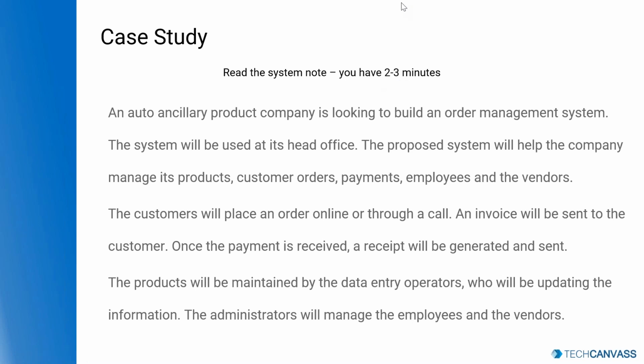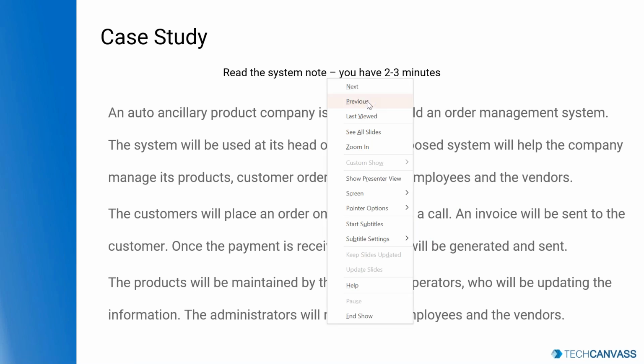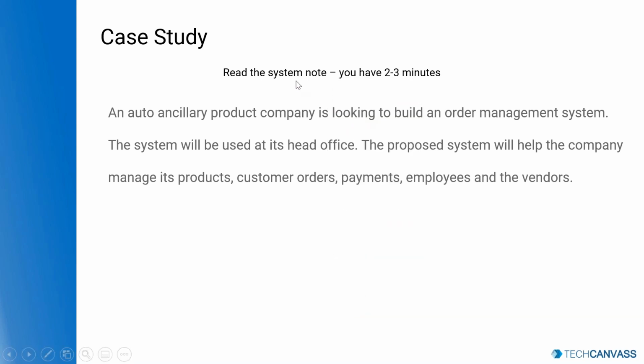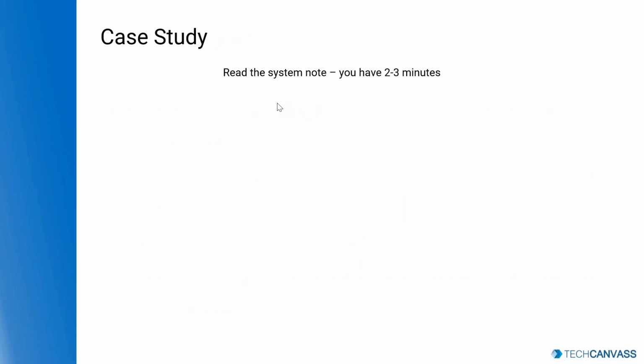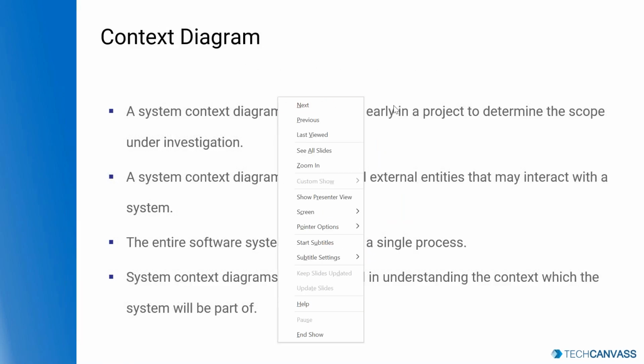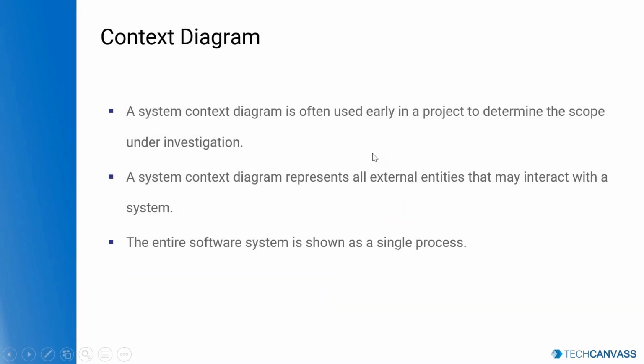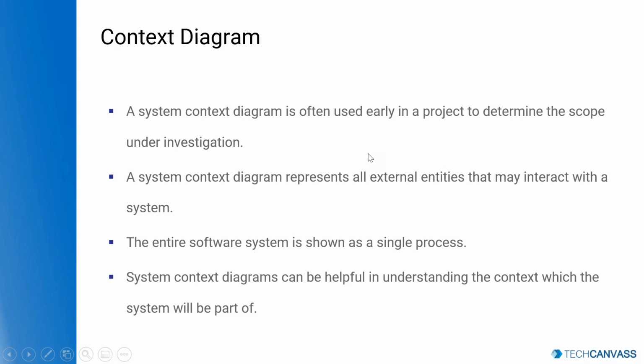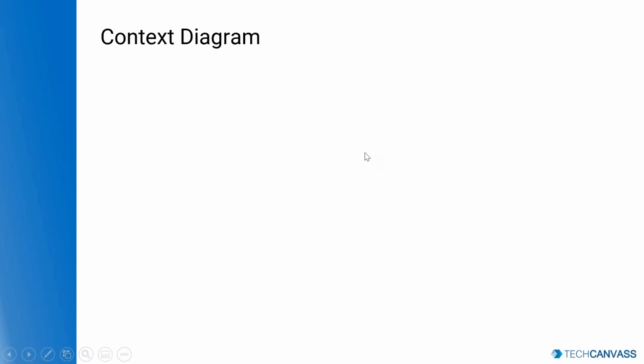But before this, I can give you an example. Let's consider a simple system called an e-commerce website. Any e-commerce website, think of Amazon, Flipkart, whatever you can think of.